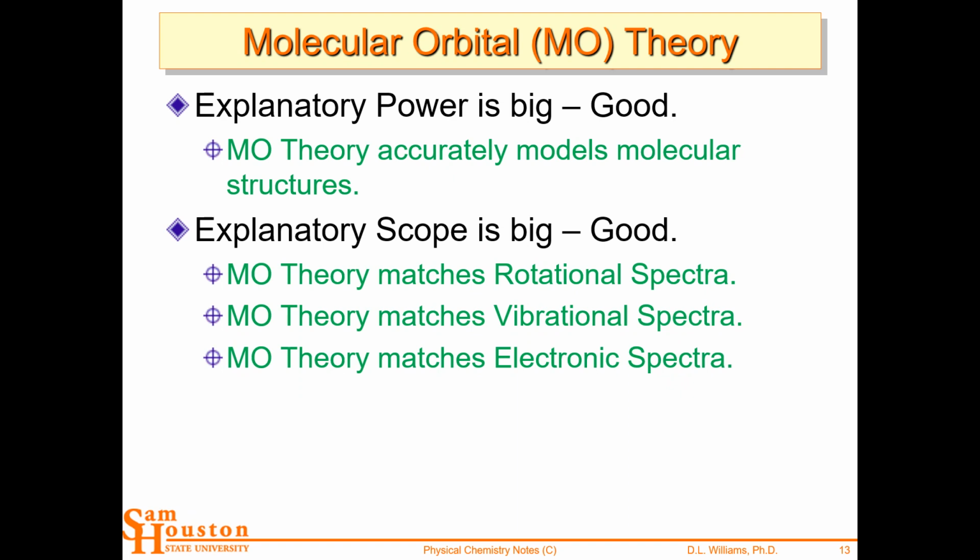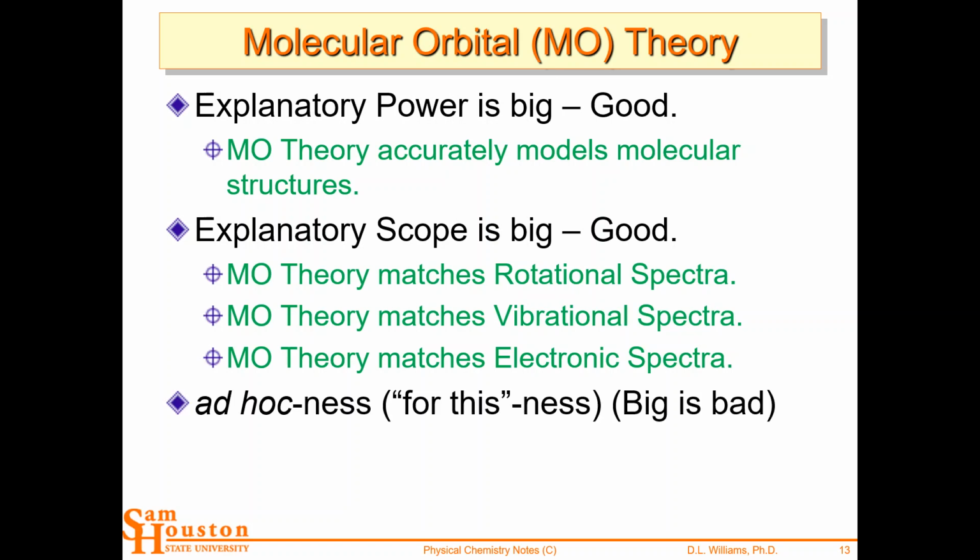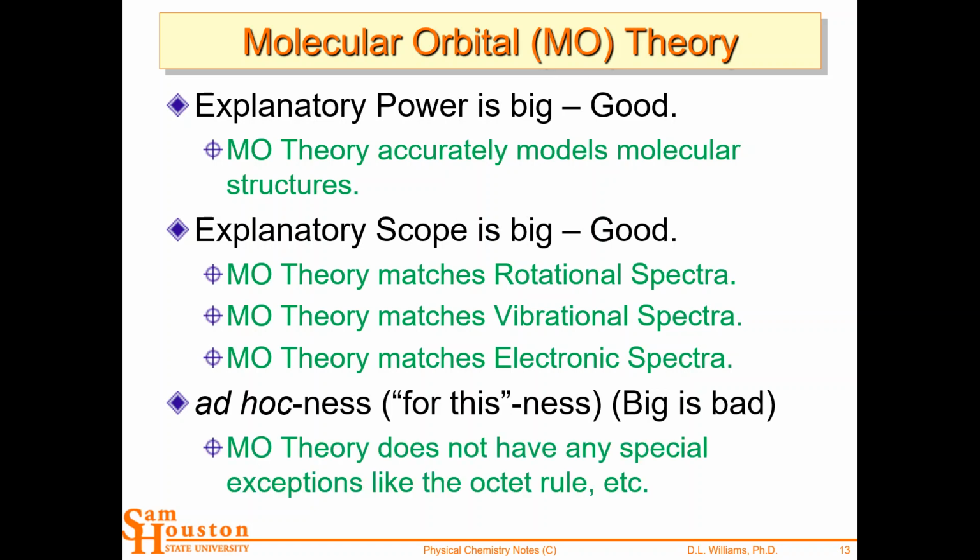So the different numbers of orbitals that we get from molecular orbital theory, if we go to electronic spectroscopy and hit it with light and pull those electrons out, we accurately predict the binding energies for those electrons. And there's really very little ad hocness to the molecular orbital theory. We don't have any special exceptions. It works for hydrogen, H2, all the way up to, like I said, DNA and things of that sort.